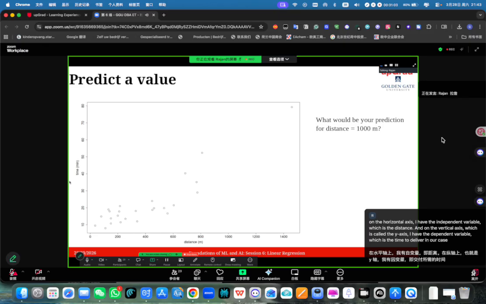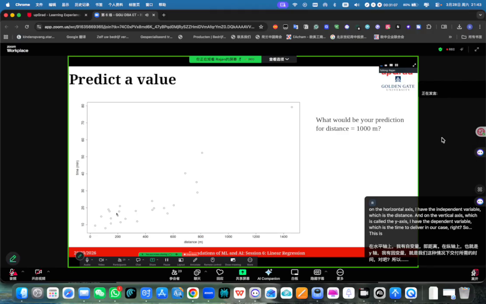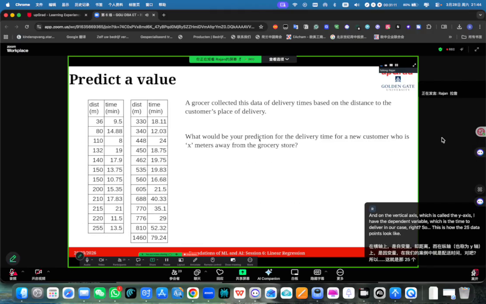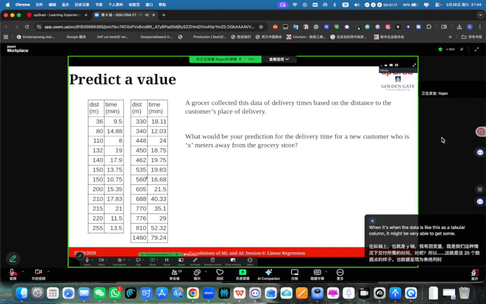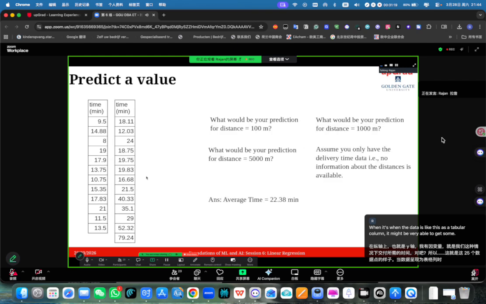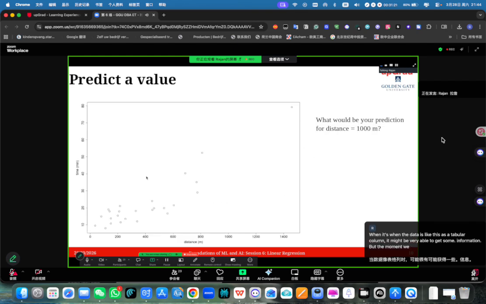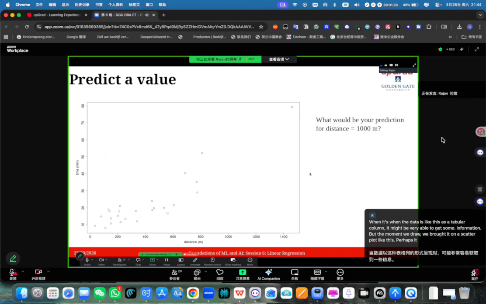So this is how the 25 data points look. When the data is in a tabular column, we might be able to get some information, but the moment we plot it on a scatter plot like this, it becomes much easier to interpret the data.